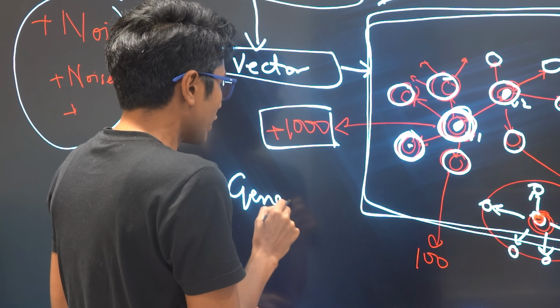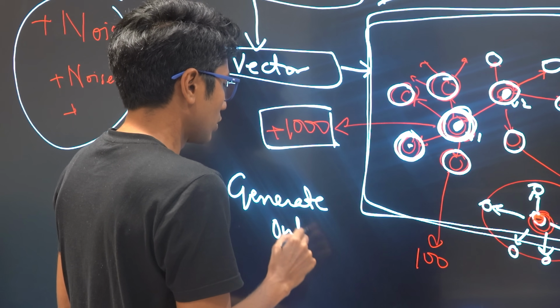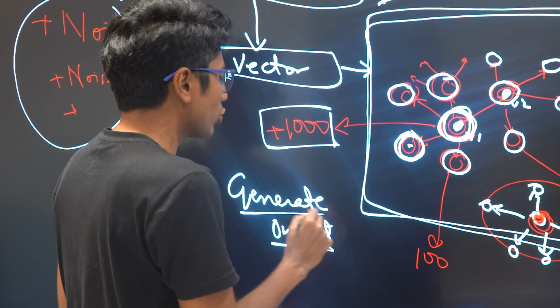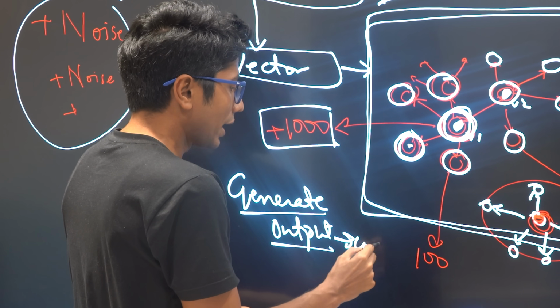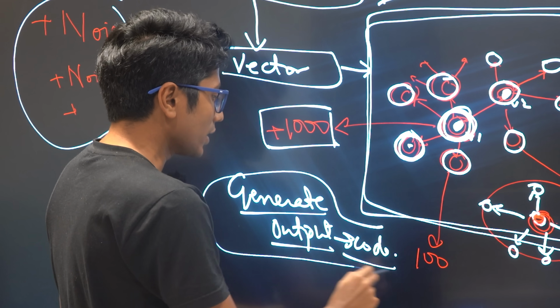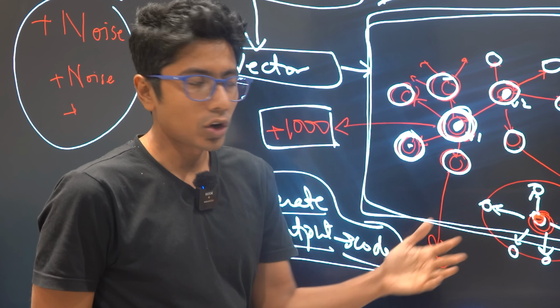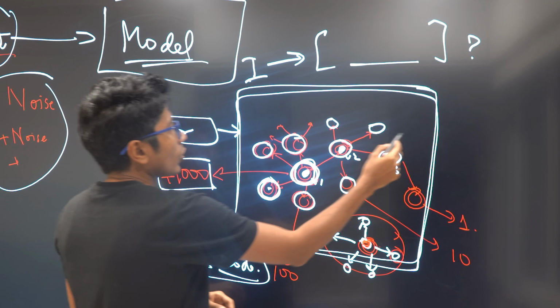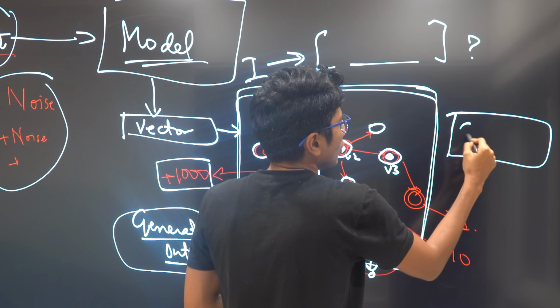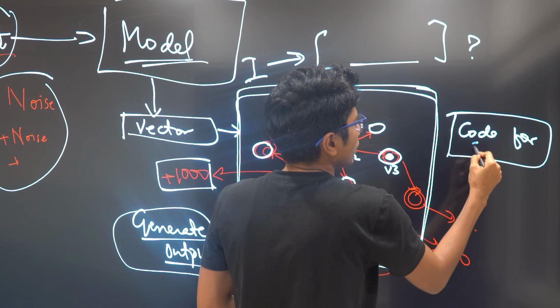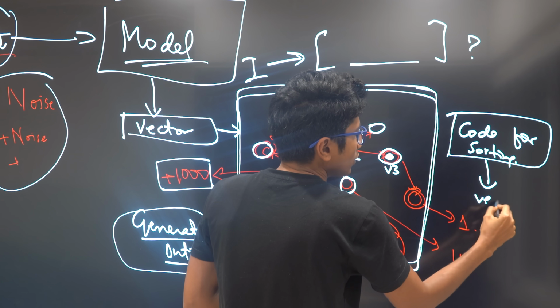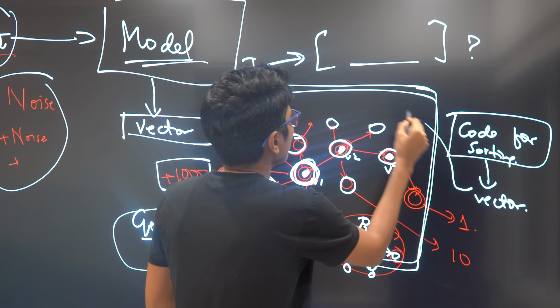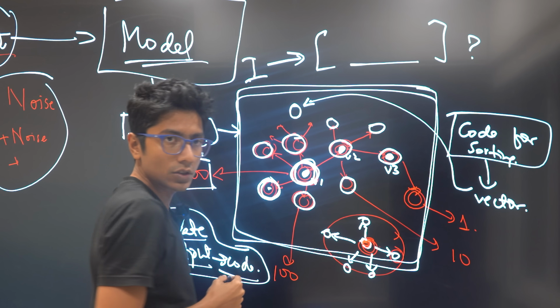That is an easy answer. We can generate output. If it's an image based diffusion model, then you can generate images. If it's a coding based diffusion model, then you can generate code, and so on. Given an input query, generate the code for sorting, you're going to take that original input query, code for sorting, you're going to convert this into a vector that will send you somewhere in this n-dimensional space.